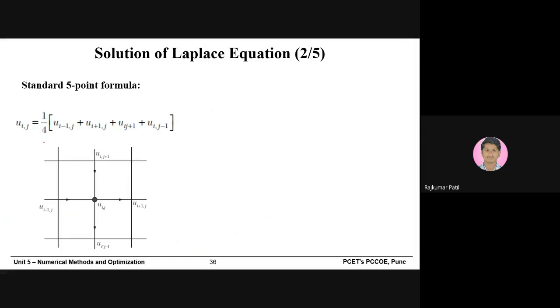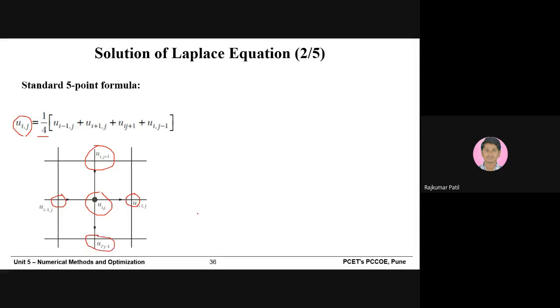You can see we are interested in node Uij, and in the figure Uij is the average of Ui minus 1, j plus Ui plus 1, j plus Ui, j plus 1 plus Ui, j minus 1.